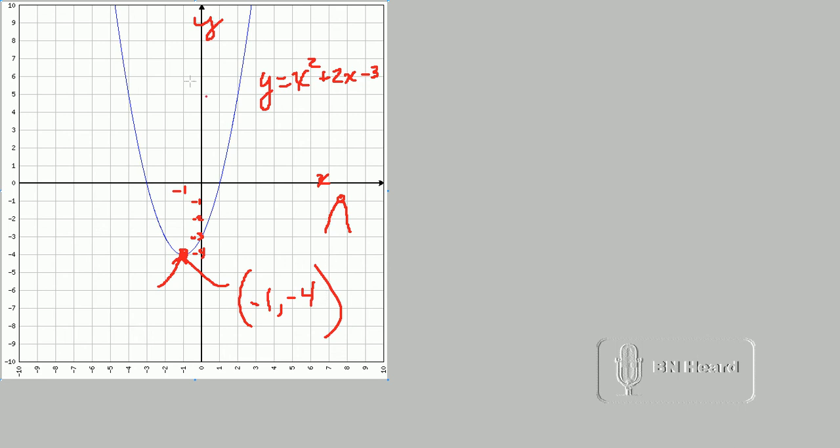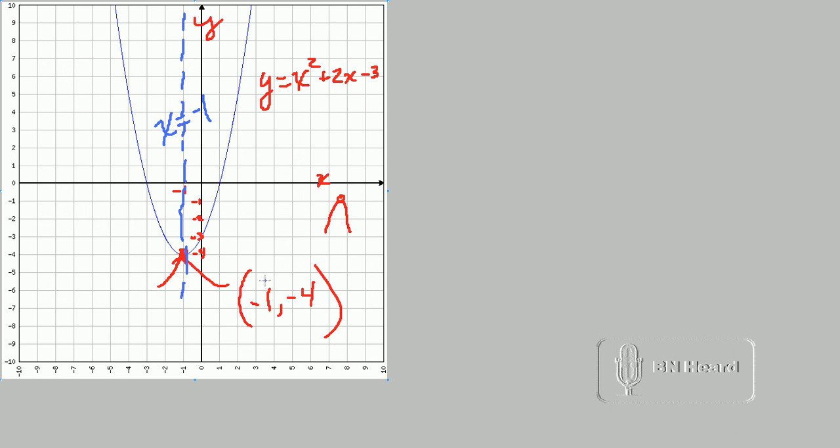Now, in terms of the line of symmetry, in our case, it is the line that splits that parabola exactly in half. And I'm trying to draw that line down through there. When this graph opens up or down, it's going to be a value of x equals, in our case, -1.